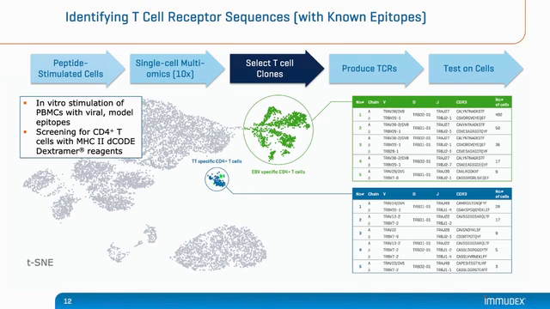And we can see here that we can specifically identify those T cells. The T cells have then been subsequently sequenced, and we also now have the sequences of their T cell receptors, which could be taken further to use in therapies or other relevant applications.